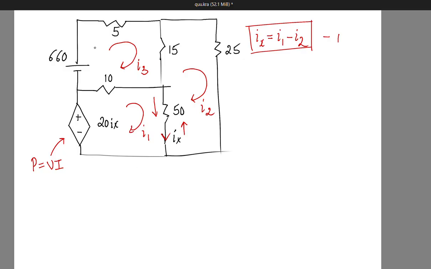Now the way to estimate the polarity, if they have not given the polarity for the resistors, is the direction of the current. You see that the direction of the current in this loop or branch is clockwise, right? So it starts with this node, it comes here, it goes here, and it goes all the way back up, right?